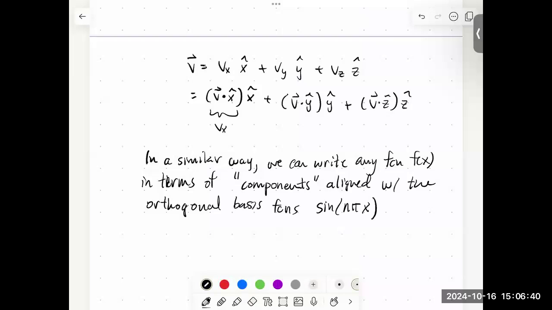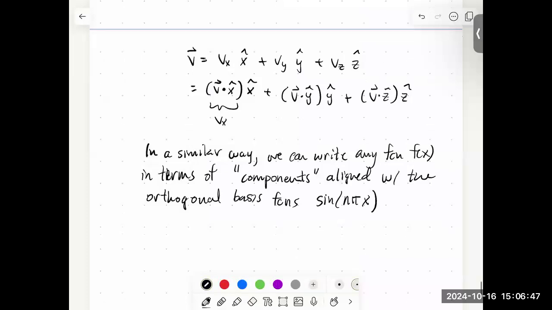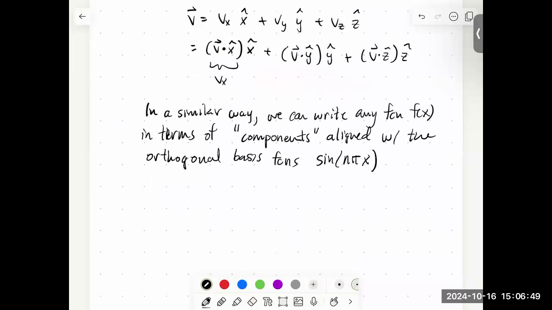And what I'm going to do is try to write down an expression for functions that follows exactly this sort of format.